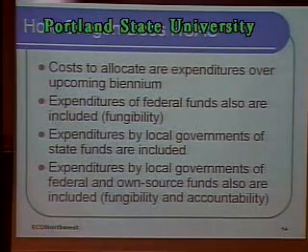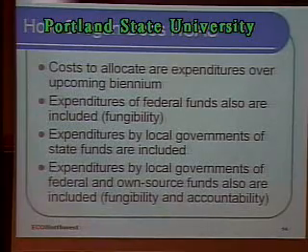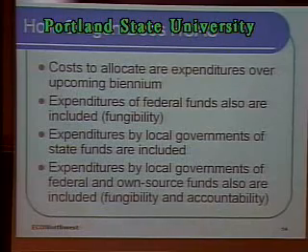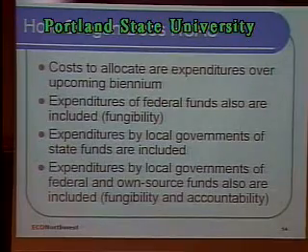The state people who do the accounting for that change it around all the time, and to meet different goals. One of the things they do is they try to fund preservation projects almost entirely with federal money, which frees up state money for capital projects, which is a politically expedient thing to do, because then they can tell the legislators, look what we spent the money you gave us on.